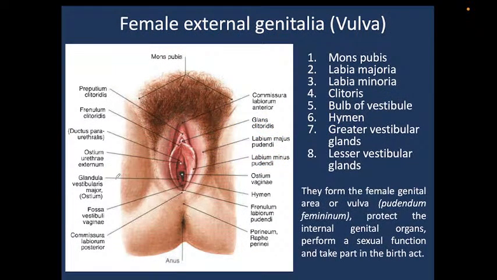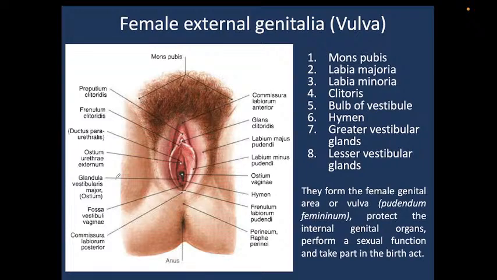Unlike the male genitalia, which are visible, and everybody knows how they look, female external genitalia have always been a taboo topic in various cultures. It was not a good idea to discuss the external genitalia, but we are doctors, and we have to know these organs because they are very important.